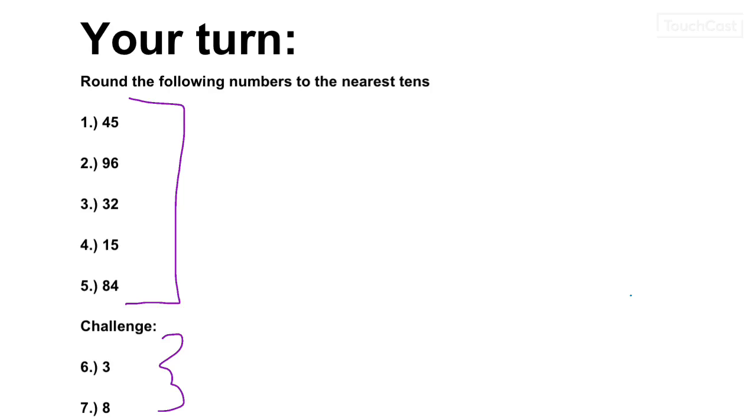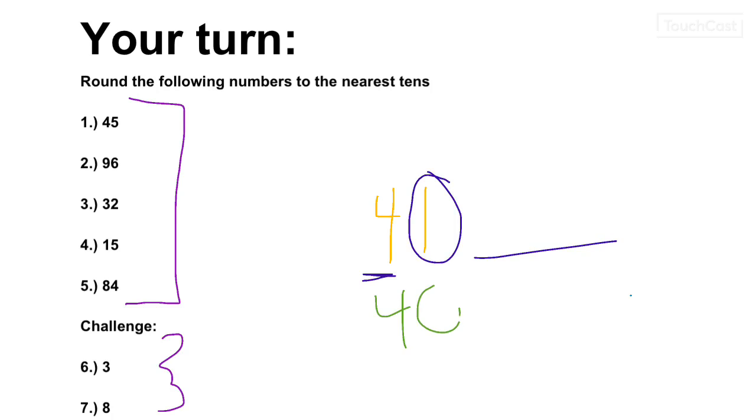So, remembering to underline if I have the number 41. Remember the steps would be to underline the tens place, circle right next door, and then tell me which two tens it comes between, 40 and 50. Okay, I really want you to practice that because it's going to be really helpful to you.